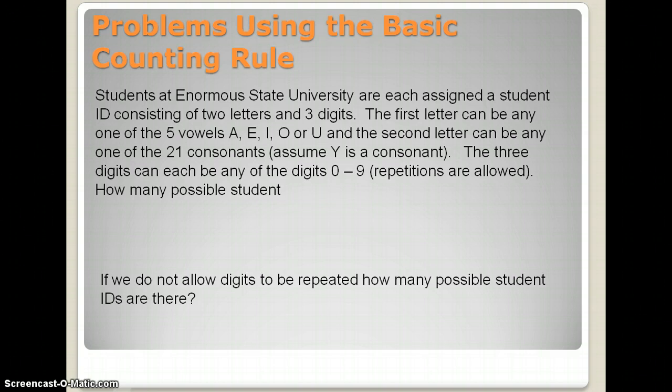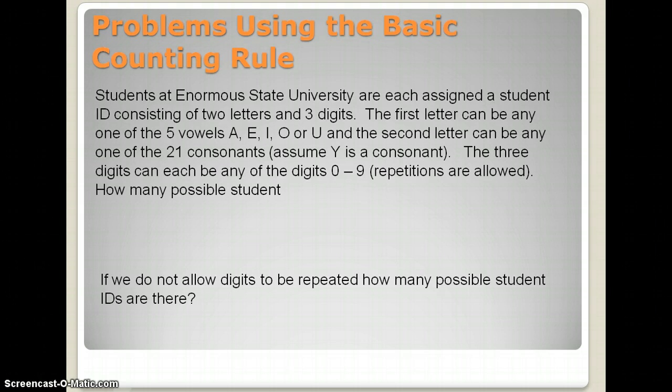Looking at a little larger problem, which is dealing with the university here, and they're going to develop IDs for their students. It's going to end up being 5 characters on the ID. The first 2 are letters, and the first one has to be a vowel, the second one has to be a consonant. And then there's 3 digits behind that, and originally we're going to say that those numbers can be repeated.